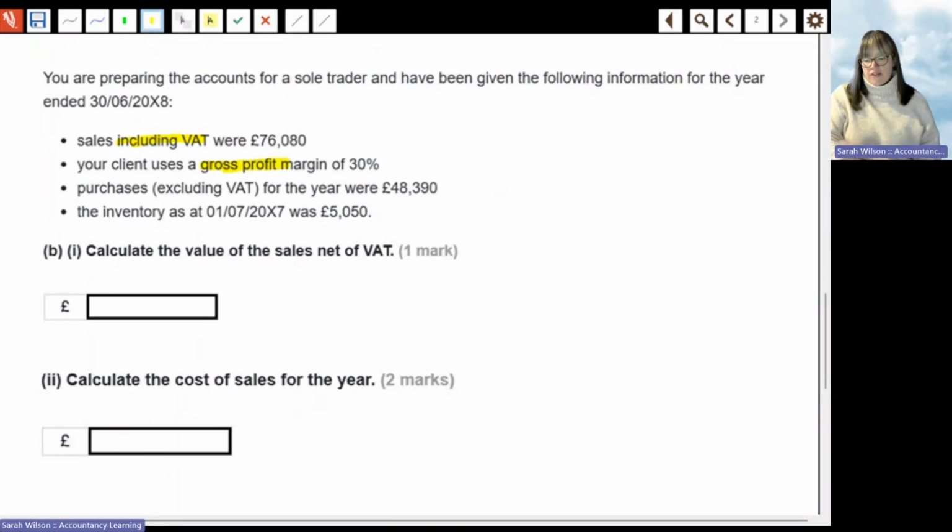Purchases excluding VAT for the year were 48,390, and inventory as at the 1st of July 20x7 was 5,050. So before we start answering the question, this inventory here, this is opening inventory. This is at the start of the financial year.